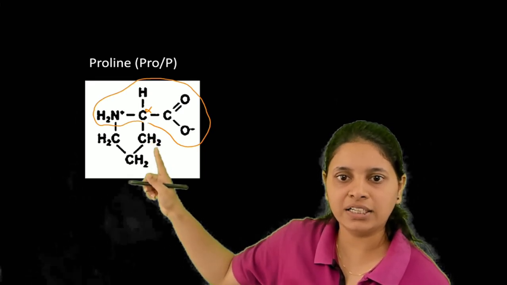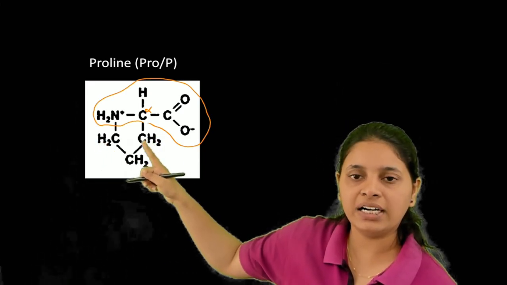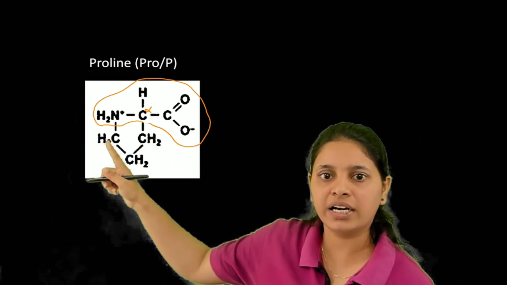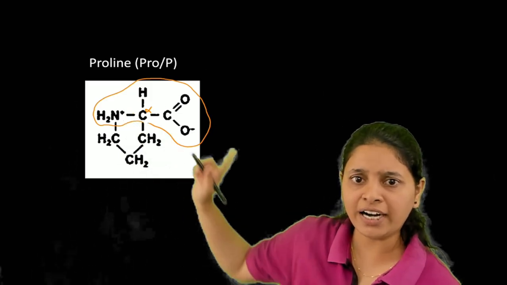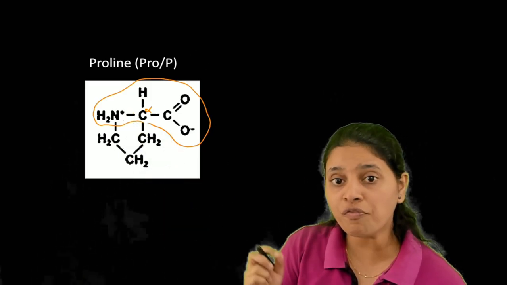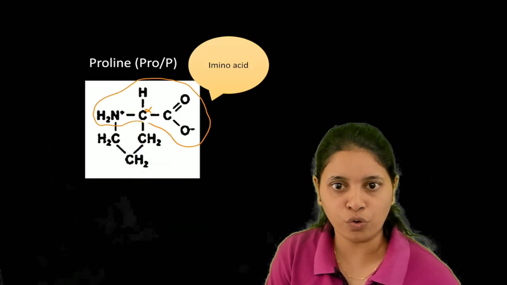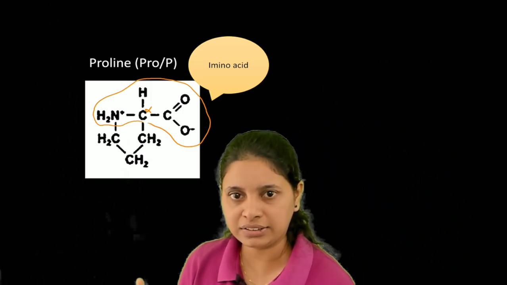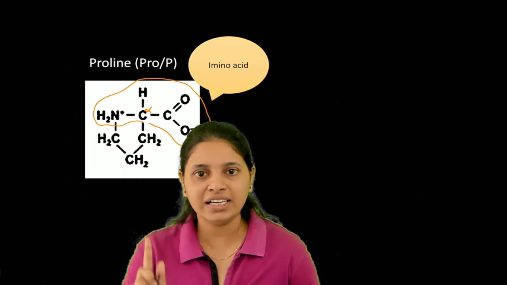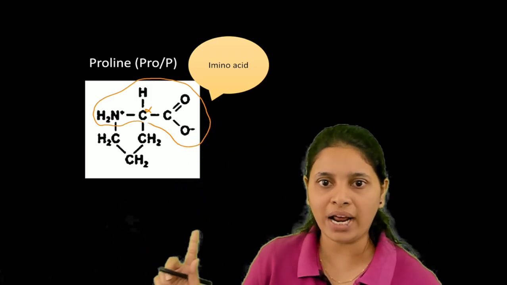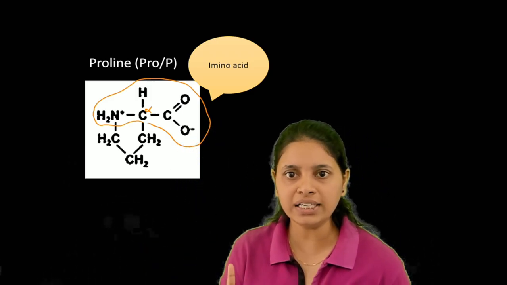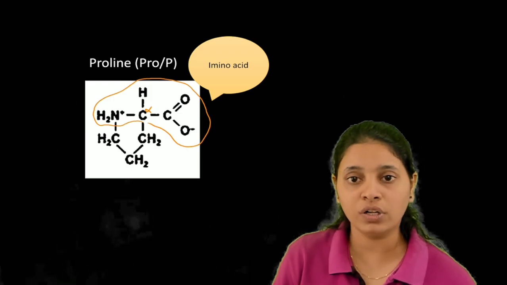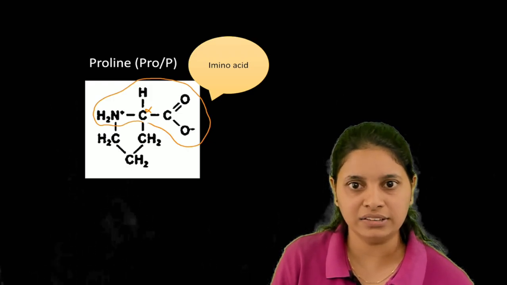One end is connected to the alpha carbon and the other end is connected to the nitrogen over here, right? And instead of amine, you are having an imino group. So this is the imino acid. And out of 20 amino acids, proline is the only imino acid, right?